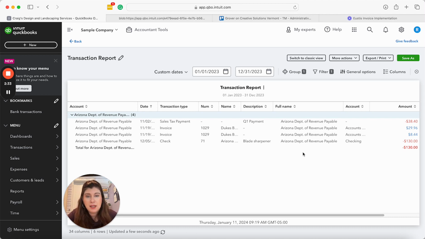In this case, we are looking at the sales tax payment Q1, an invoice where it's collecting sales tax. This check right here, blade sharpener, looks suspicious to me. That's also the minus $130 we were looking at.